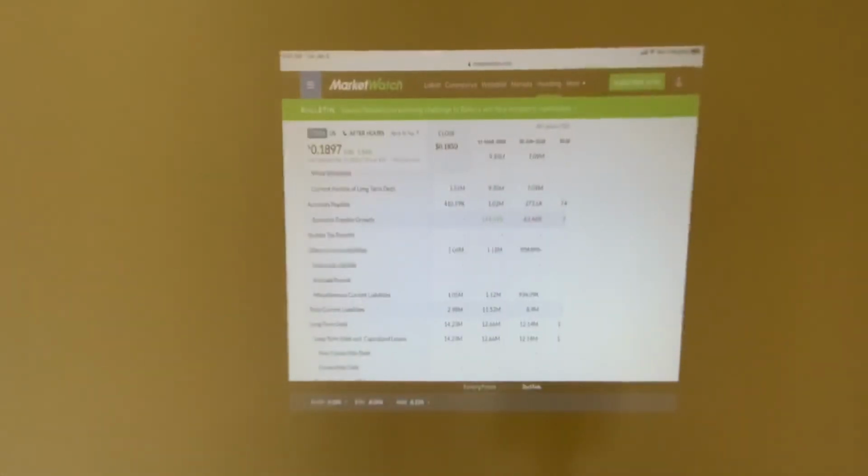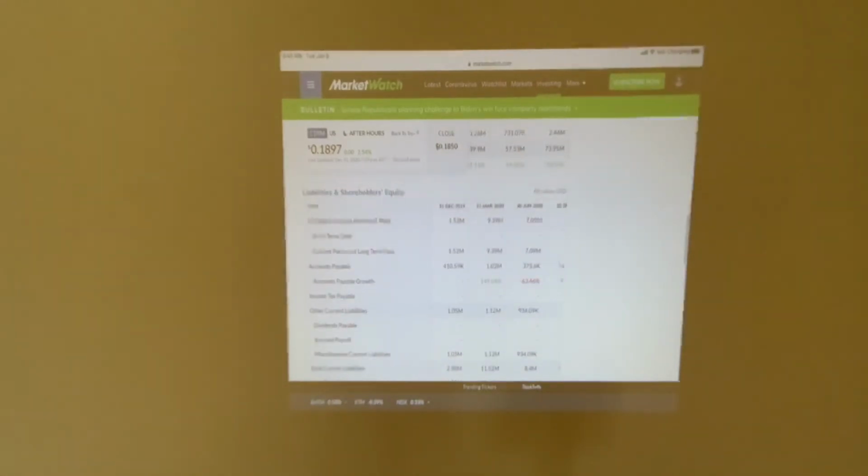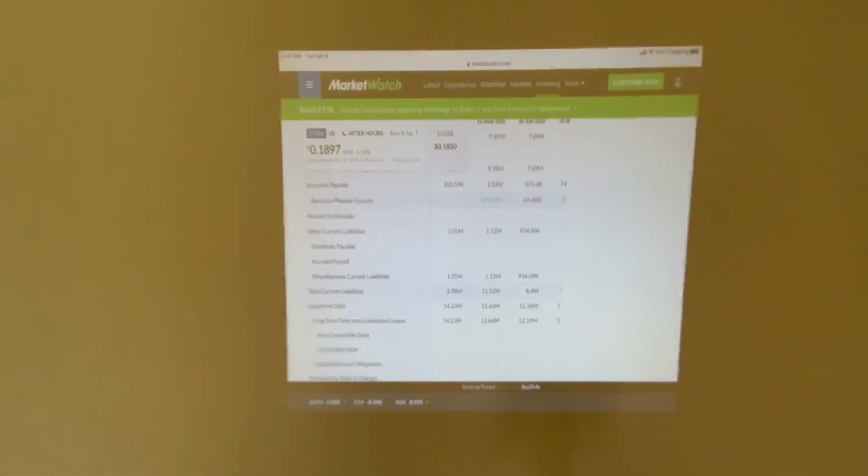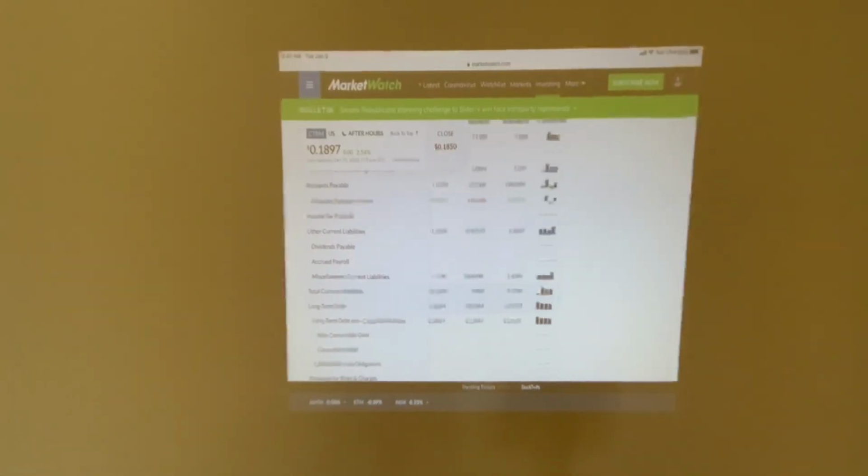We want to look at their liability. So how much liability they have. Again, just like we looked at the total current assets, we want to look at the total current liability. So they were at 2.98, 11, 8, 9.29.